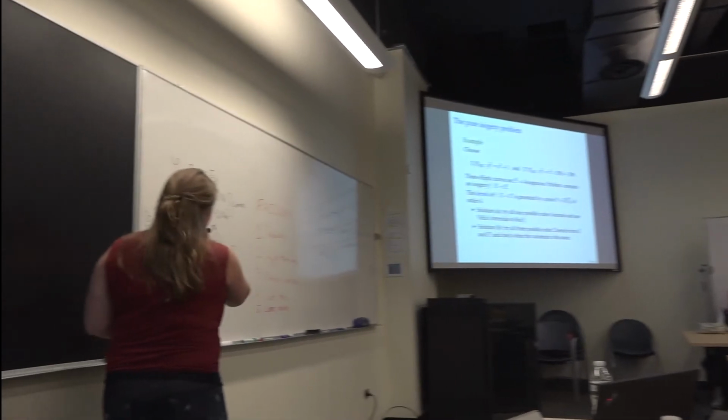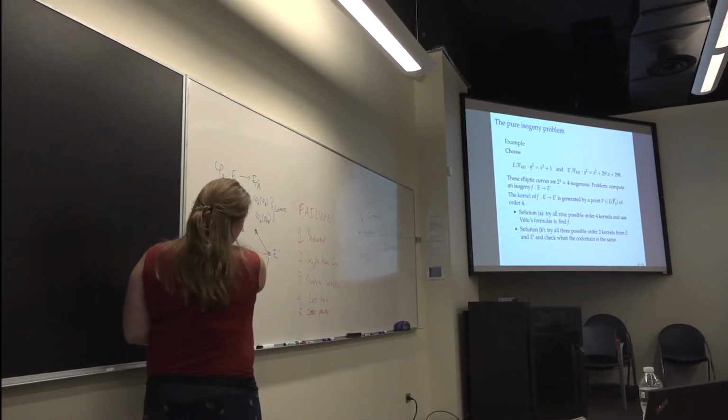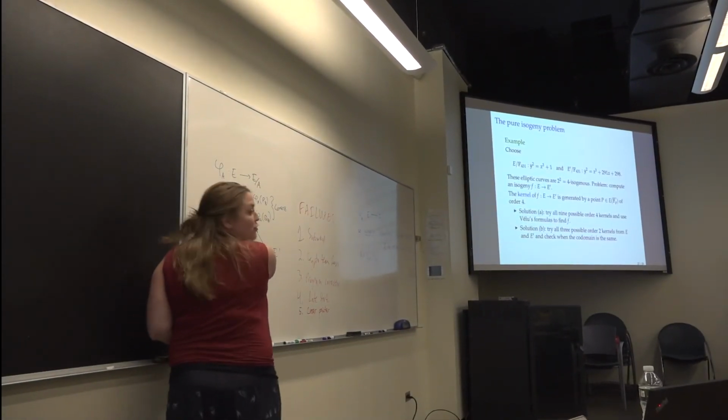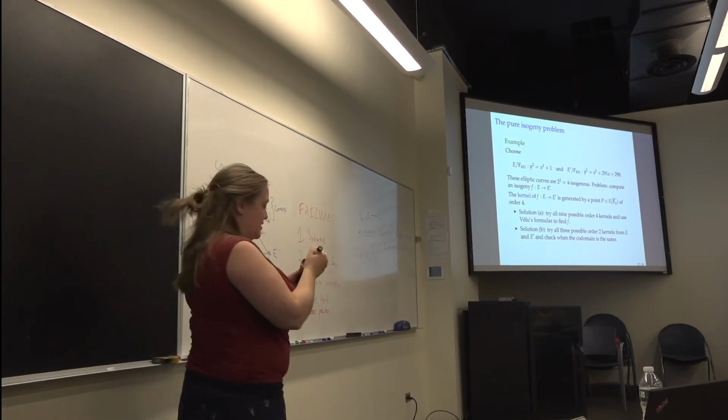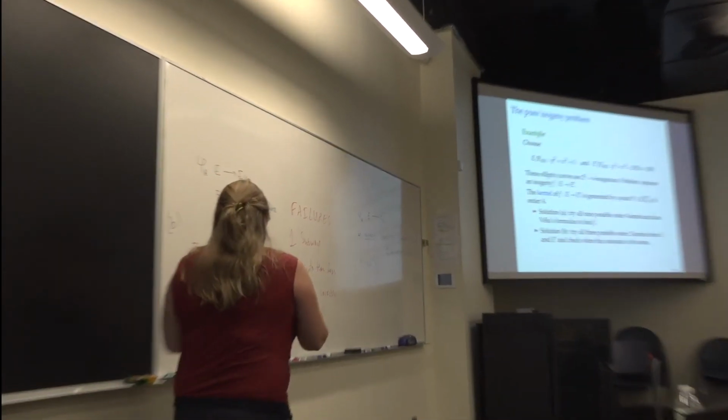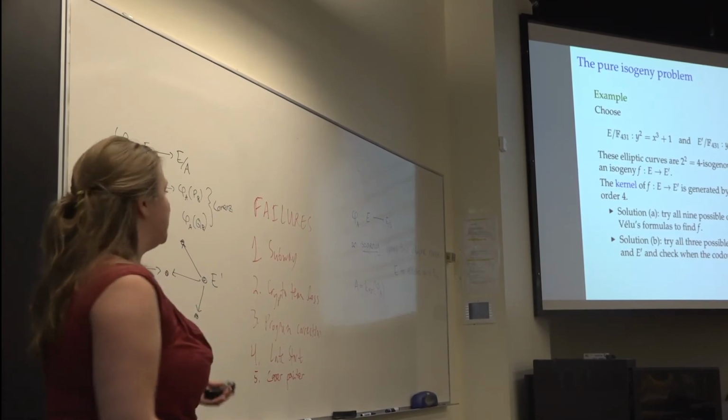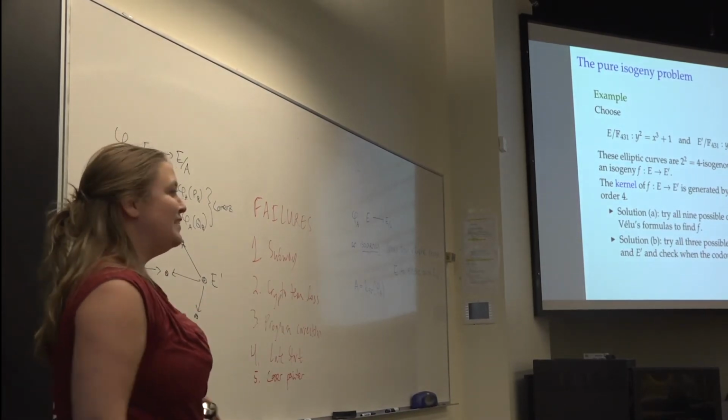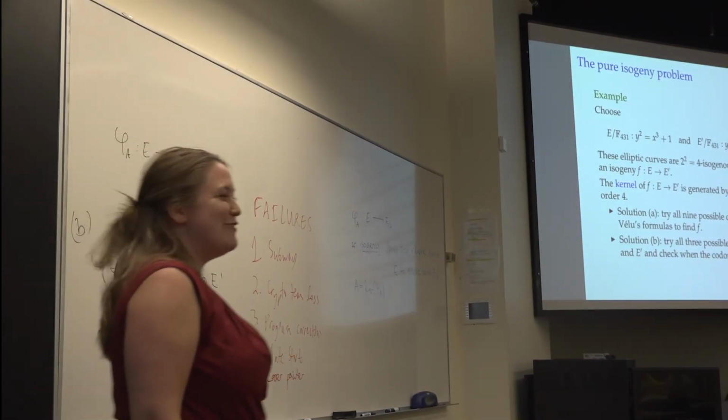Yeah? And then I can construct my map from E to E prime by saying, well, it must have gone through this node here, right? This elliptic curve here.